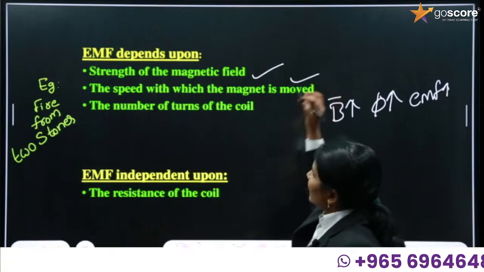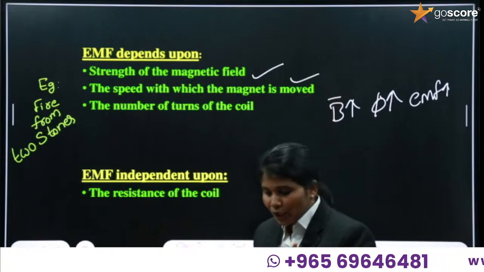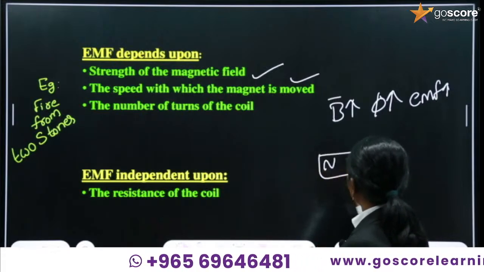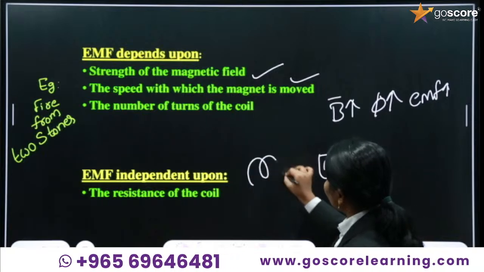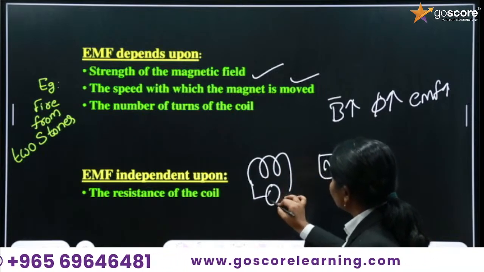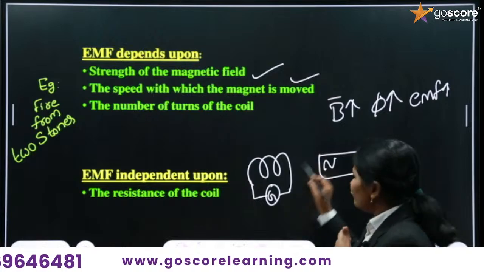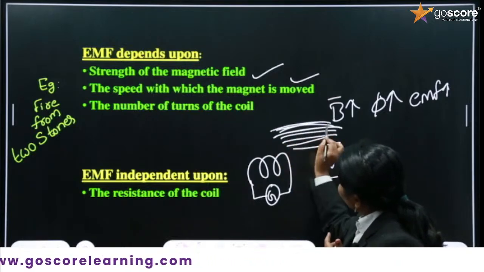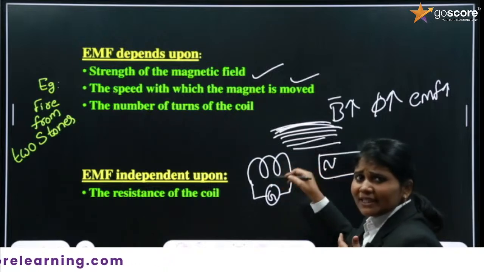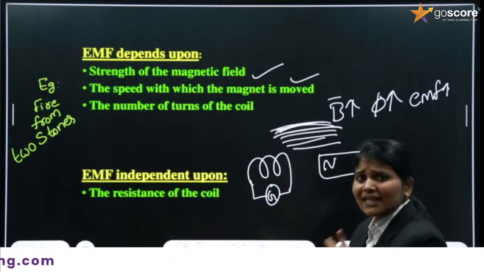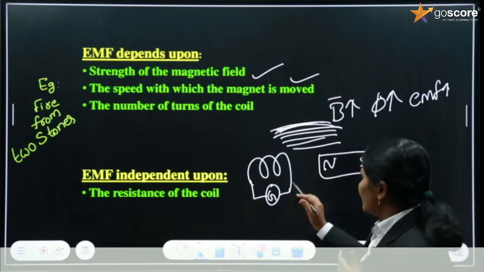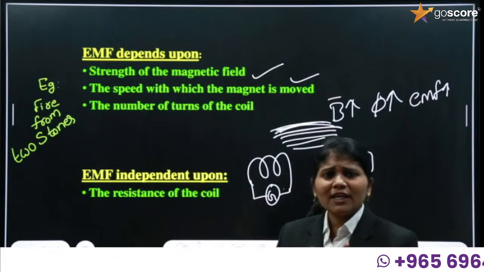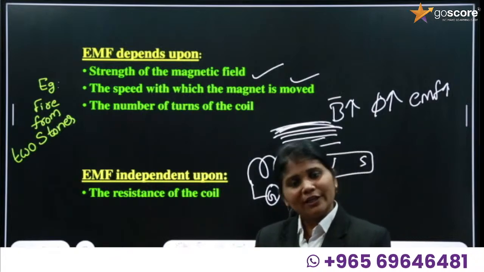Next one, speed. EMF also depends upon the speed. When the magnet is near the coil, connected to the galvanometer, and it moves fast like this, then what is happening? The flux cutting the coil is increasing, then EMF will be increased. As speed increases, flux cutting the coil also increases, and EMF is induced more.